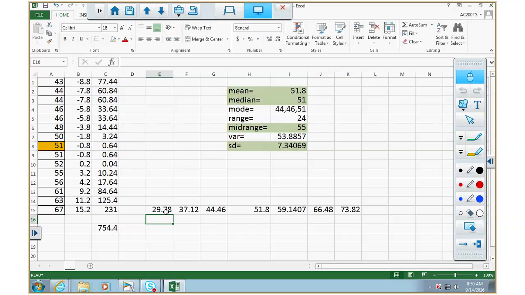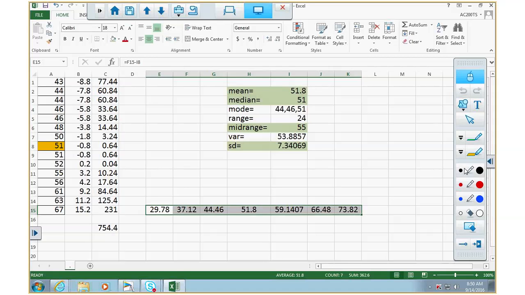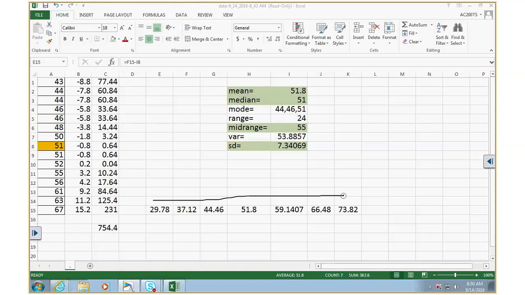And of course, that's your outliers, unusual, and normal. So you need to get used to drawing that based on your empirical rule. Of course, that's normal, the first and second deviation.